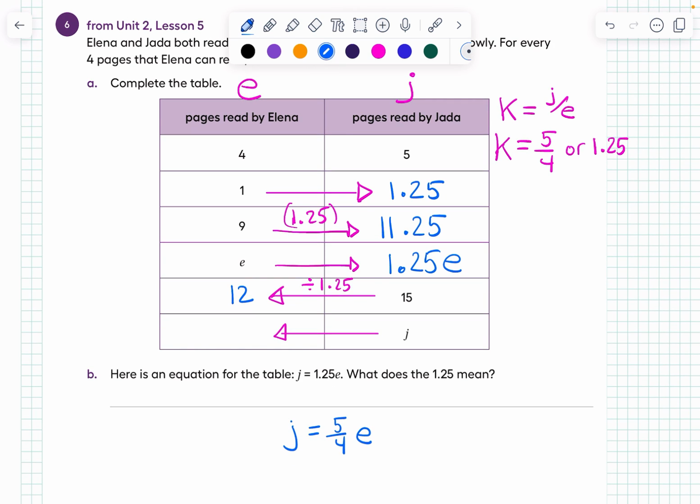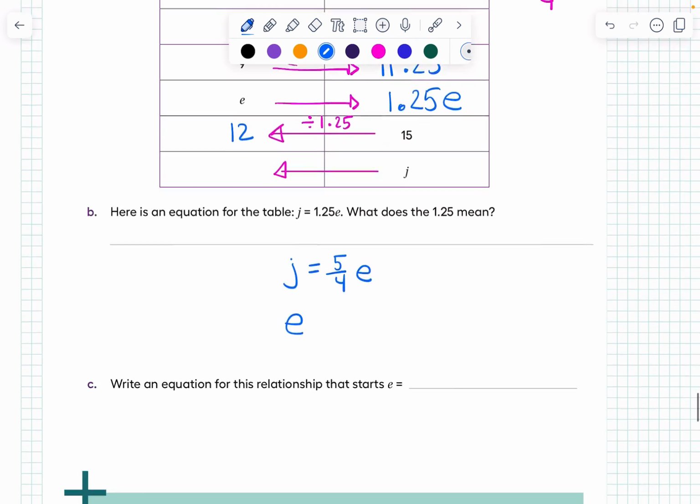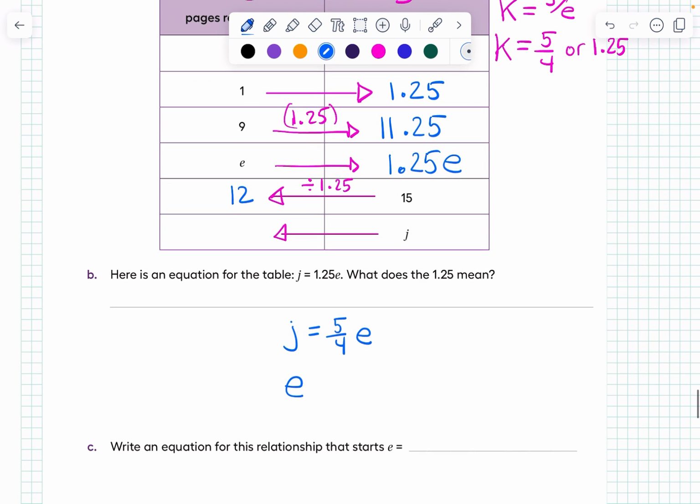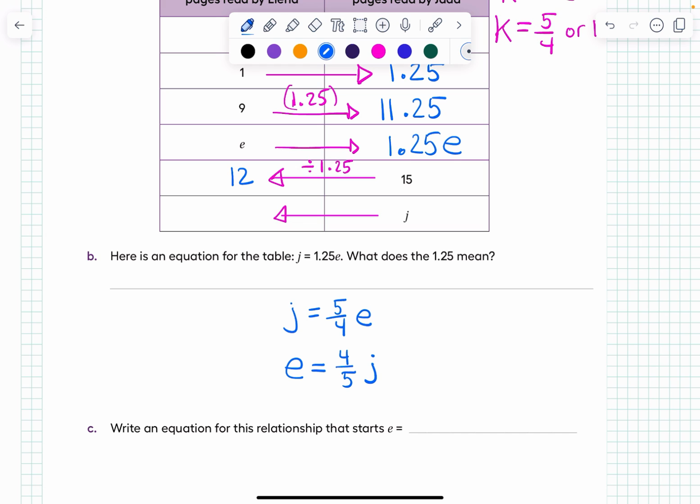Since we're going backwards, this would be E. Oh yeah, E is equal to 4/5 J, or you could say 0.8 J.